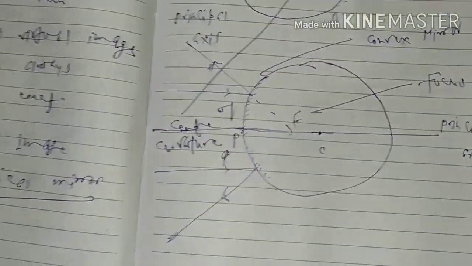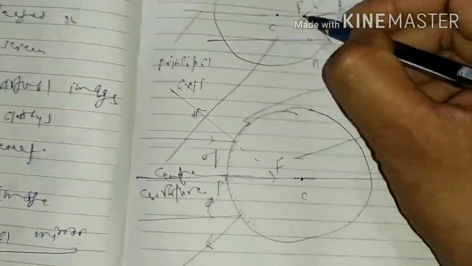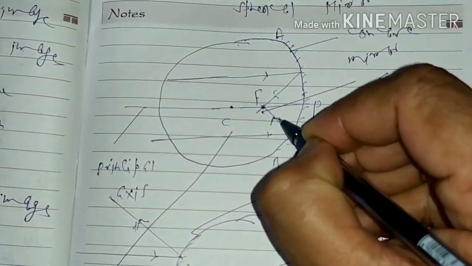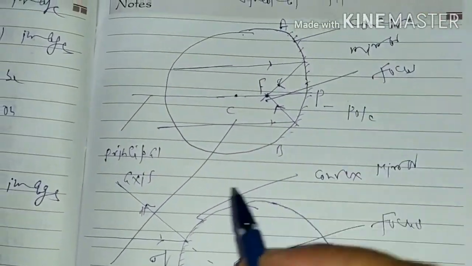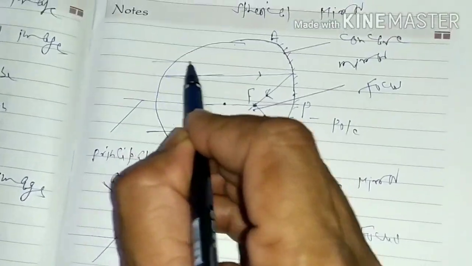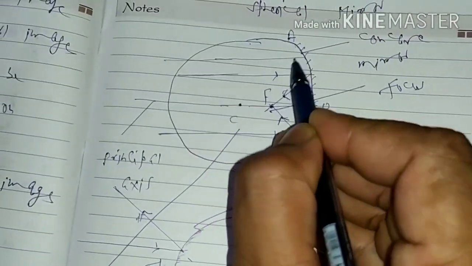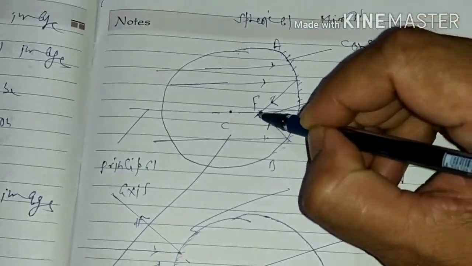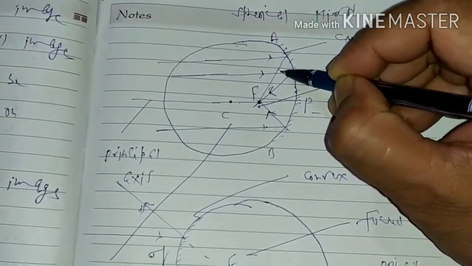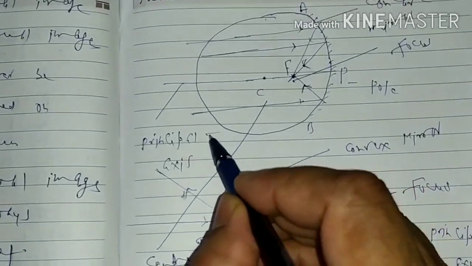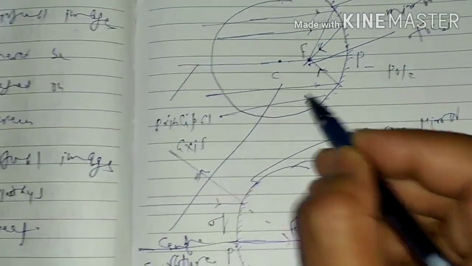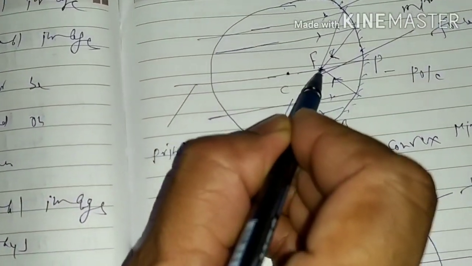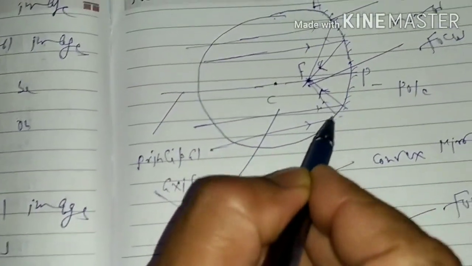So we can say that a concave mirror is called a converging mirror. Why is it called converging? Because rays of light parallel to the principal axis after reflection really meet at a point on the principal axis, so it is called a converging mirror. So dear students, if you see the term converging mirror, then suppose this mirror is concave.